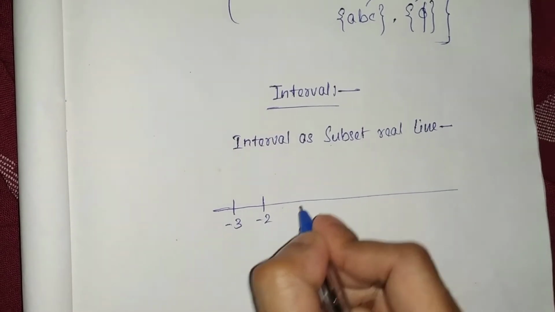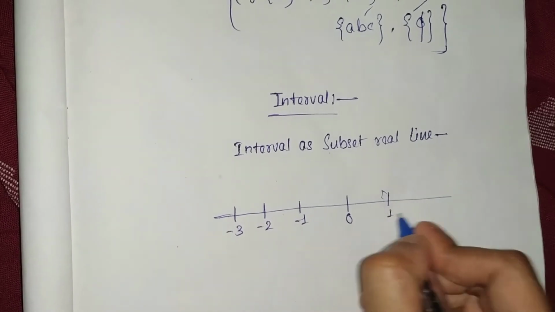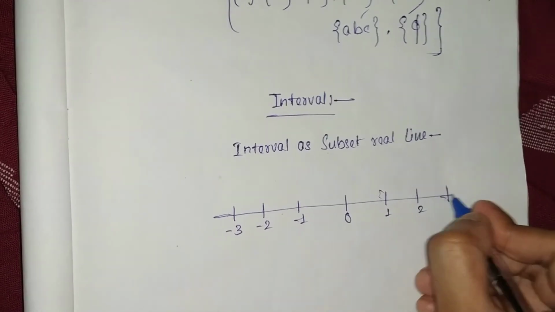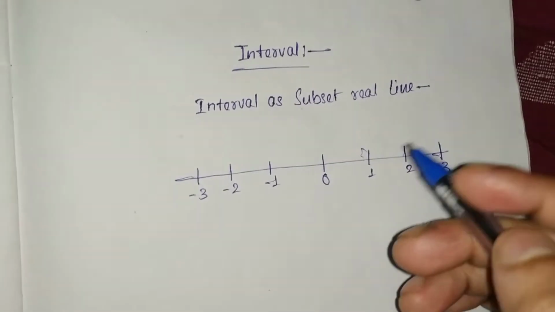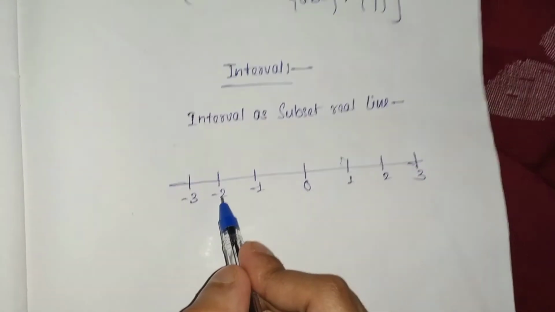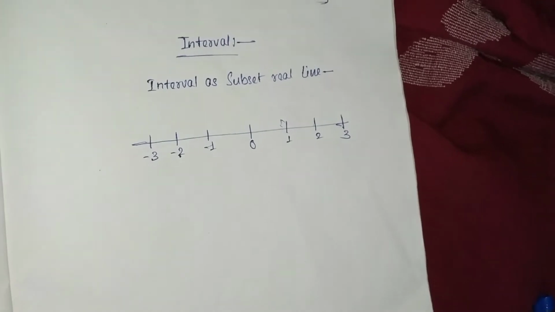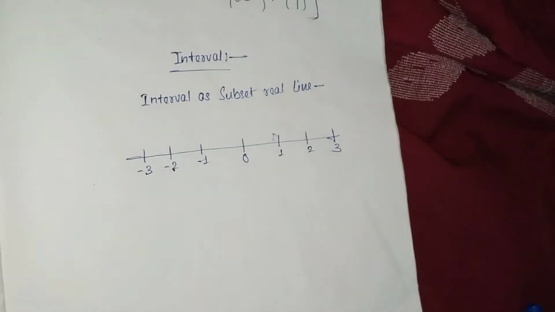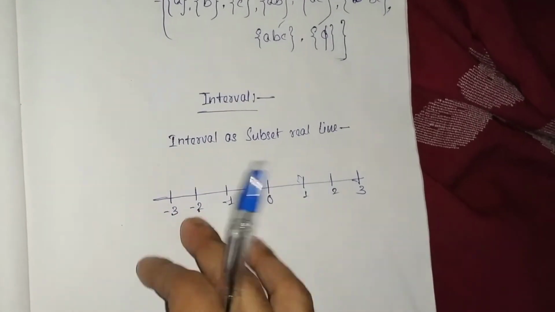-3, -2, -1, 0, 1, 2, 3. Okay, can you tell me between -3 and -2, how many numbers exist or are available?